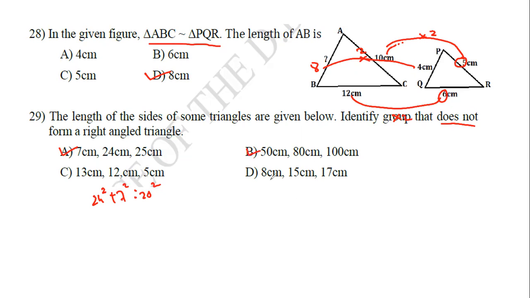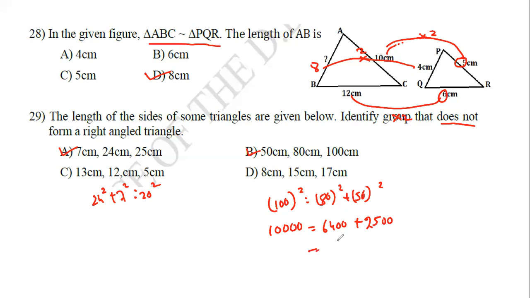And check for B. 100 square is equal to 80 square plus 50 square. 100 square is 10,000. 80 square is 6,400, plus 50 square is 2,500.